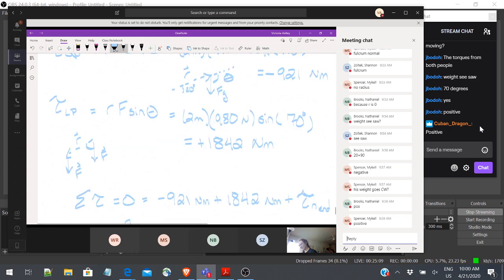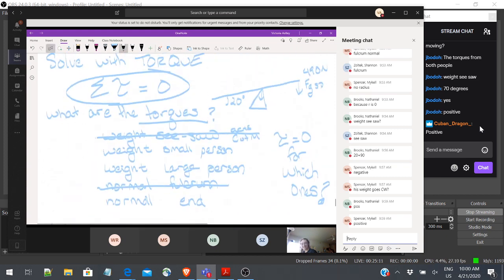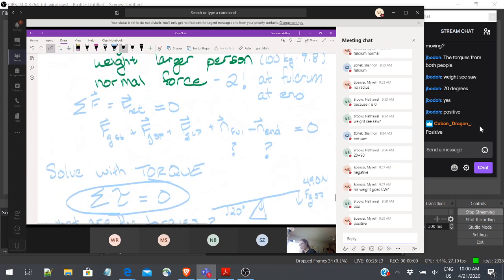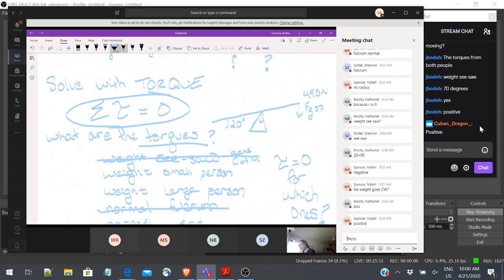Right? And it's negative. Does that make sense? Hopefully, yes, because we have a negative torque this way, a positive torque this way. They're both down, but one's positive, one's negative.